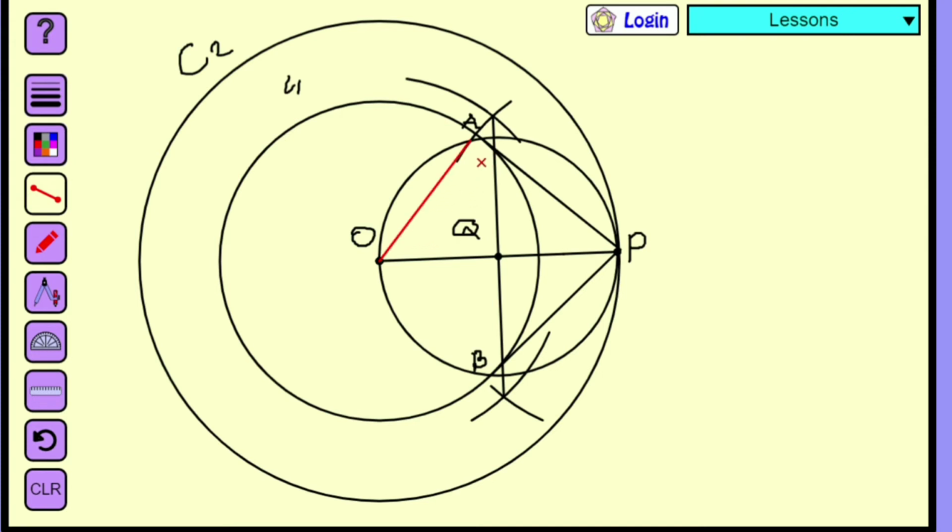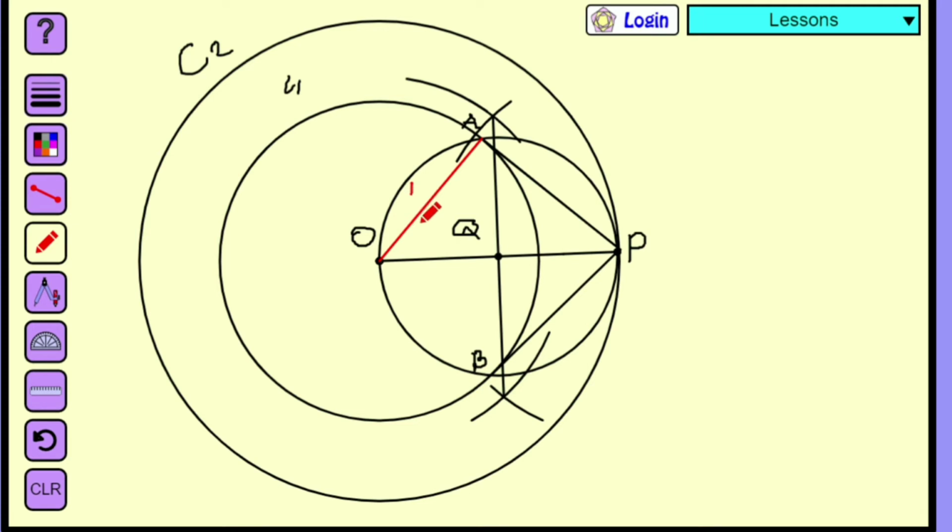Then OA, the length of OA, is the radius of circle C1.